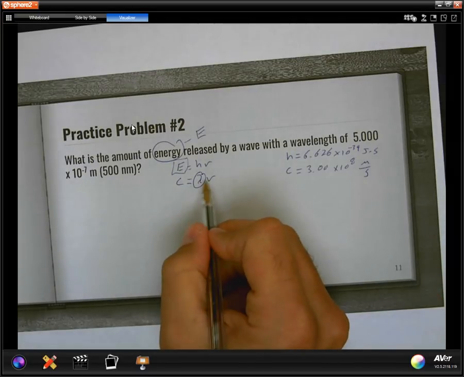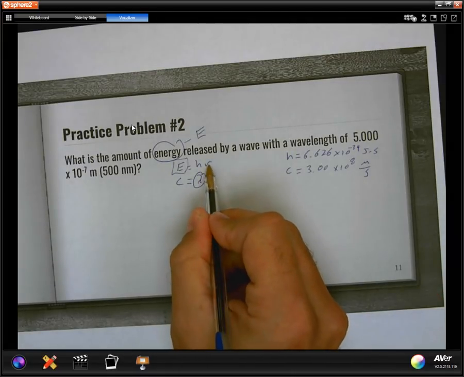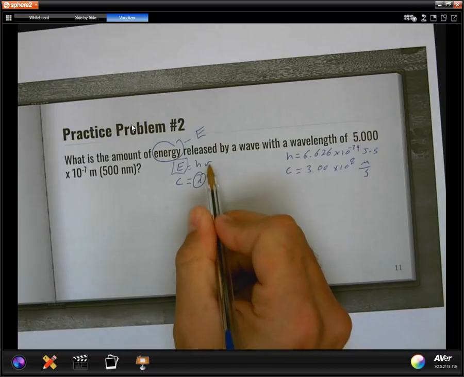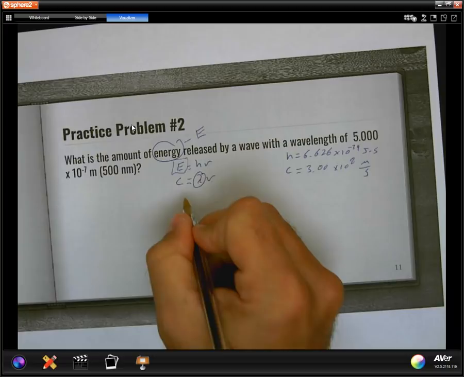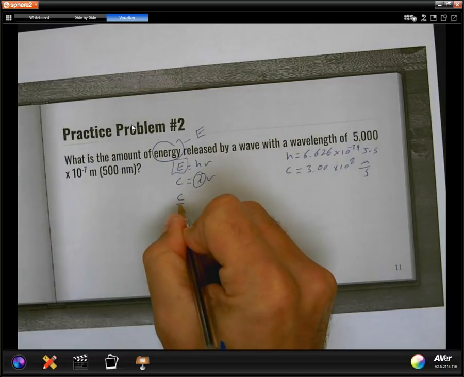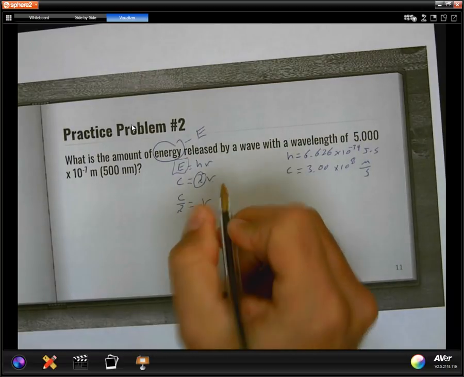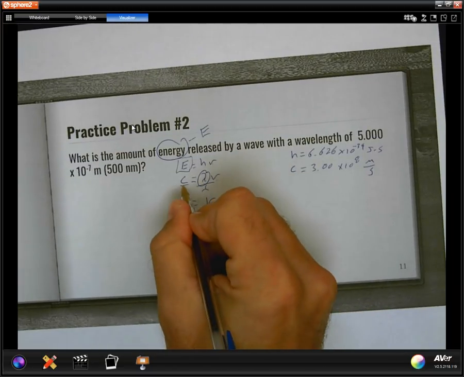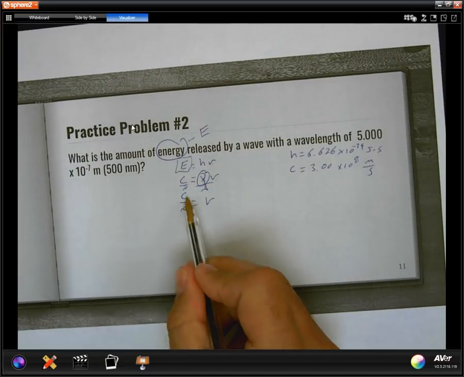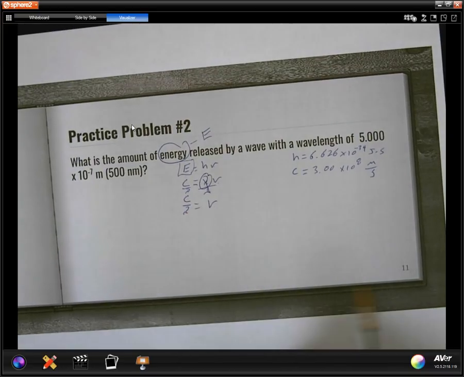So first of all, I see that the frequency here is the same unit in both. So what we're going to do is solve for the frequency here by doing some simple algebra. Again, how did I come up with this? I divided by lambda. If I divide one side, I've got to divide the other side. And I simply come up with speed of light divided by lambda equals frequency.